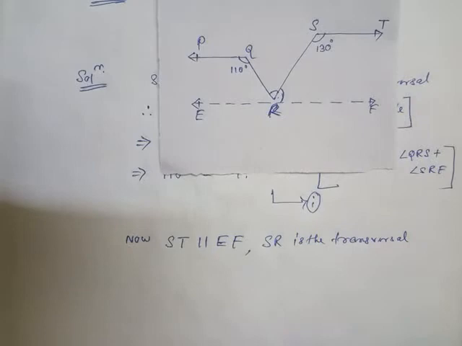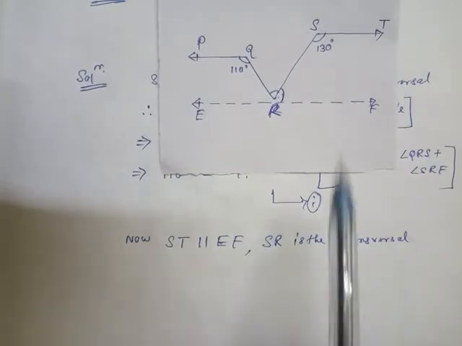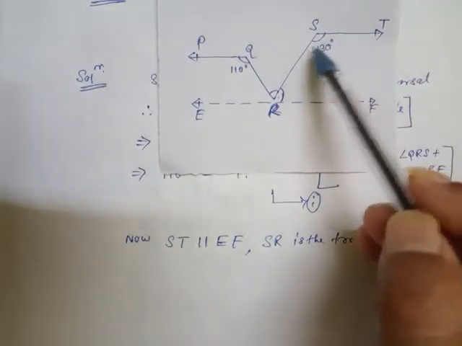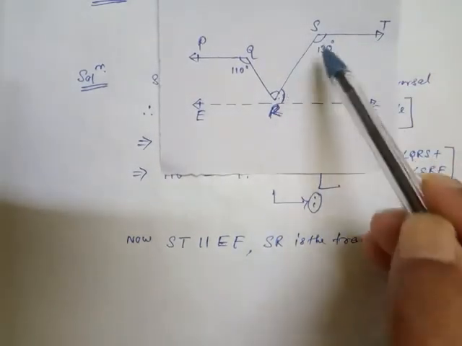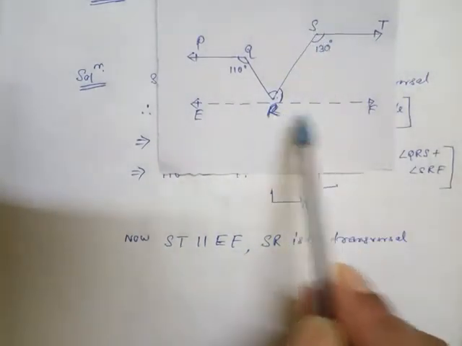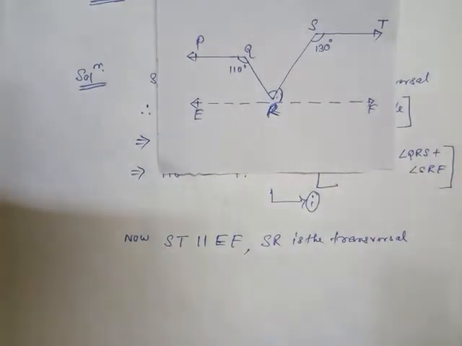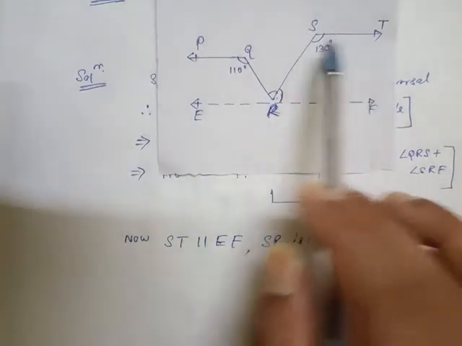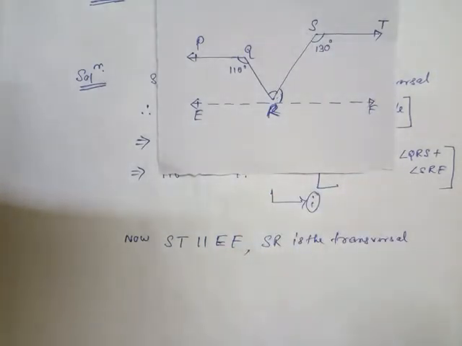Now look, student, if it is the transversal, then angle RST, this angle, and angle SRF, this angle, the sum of these two angles equals 180 degree. Why? The reason is that two angles on the same side of the transversal are supplementary.